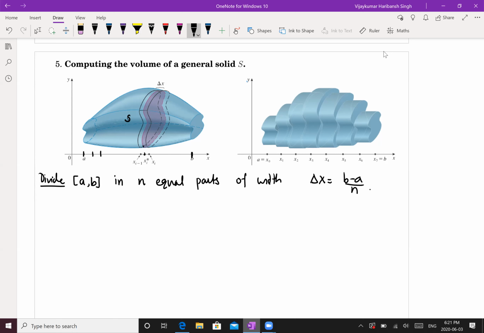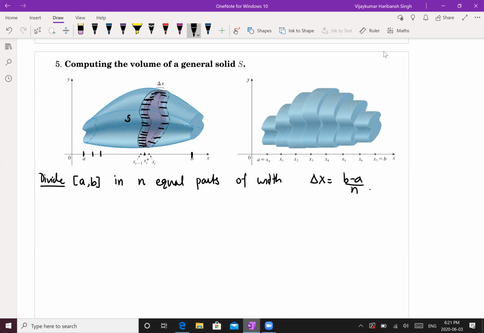So you look at the cross-sectional area, which is this pink colored region, and then you draw a solid with that cross-section as the base and the height to be the width of this interval, which is delta x.